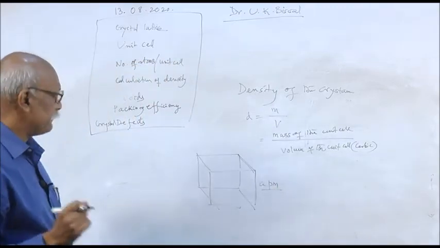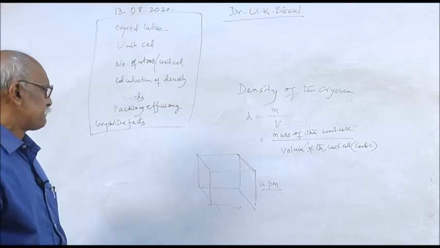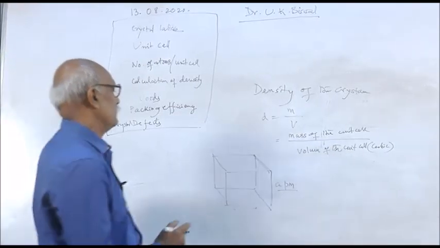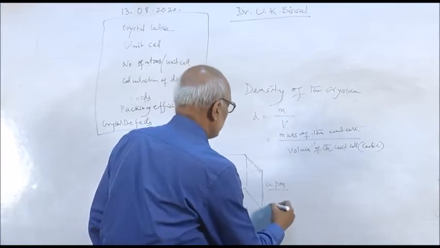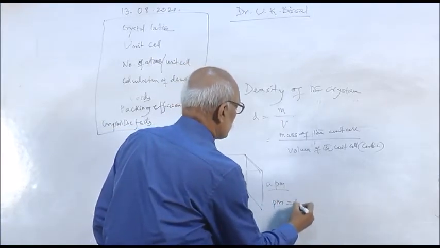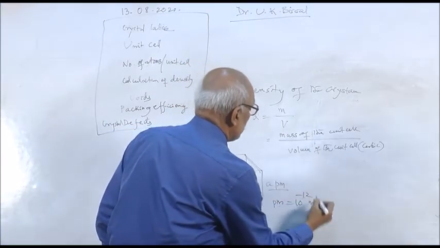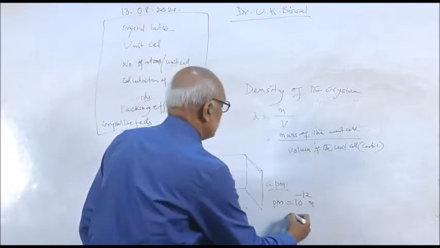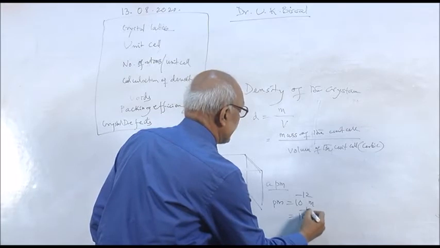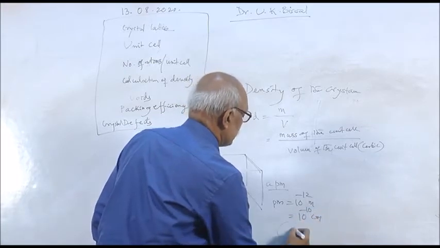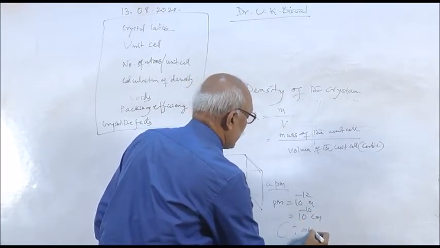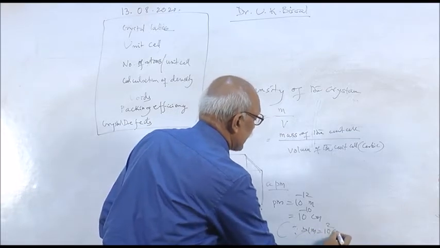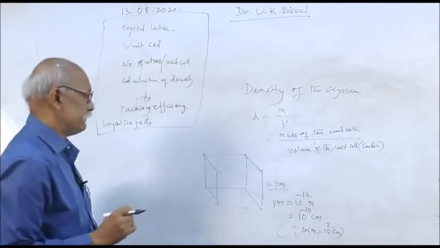Nowadays in SI units we express it in meter or picometer. A picometer is equal to 10 to the minus 12 meter. In centimeter, that is 10 to the minus 10 centimeter, as 1 meter is equal to 100 centimeter.